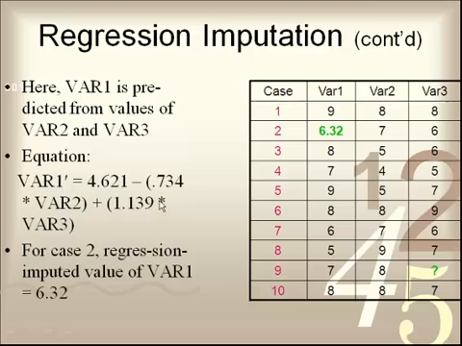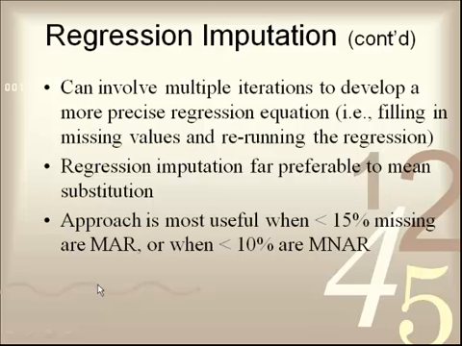Now we don't have that shown here in this data set, but when you have those regression coefficients and you plug them in this manner, what you're getting is a 6.32. So if you're looking at this data set saying, hey Amy, where did you get 4.621, 0.734, and 1.139? Those are all regression outputs, and we don't have that in this table here, but essentially that's what you're plugging in to get that imputed value.